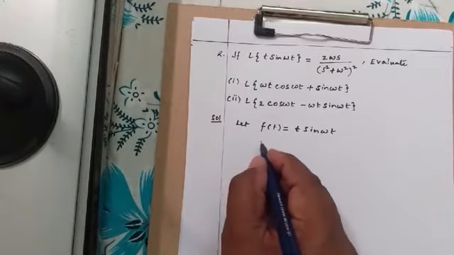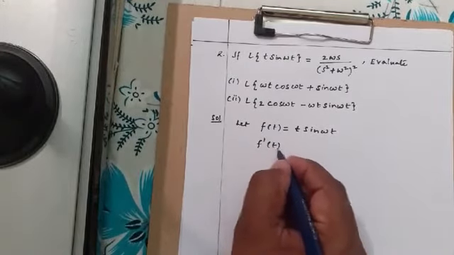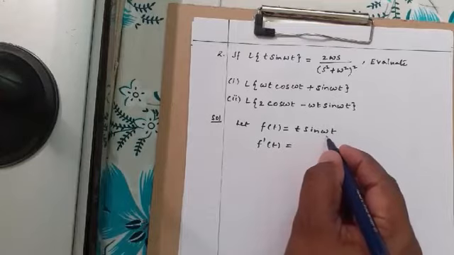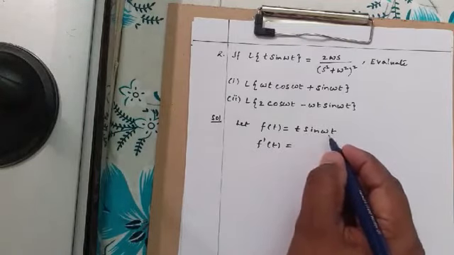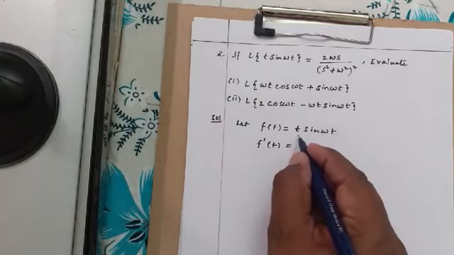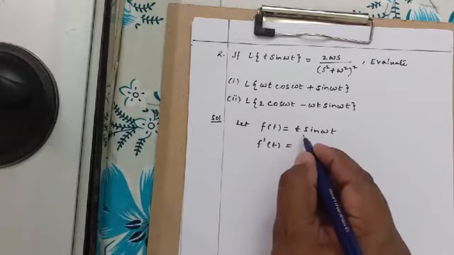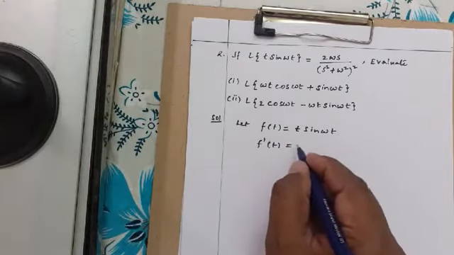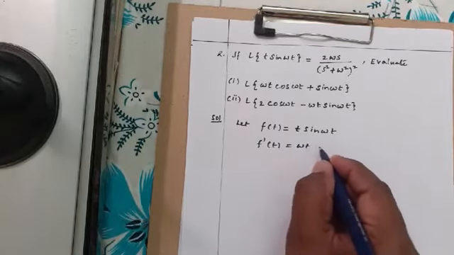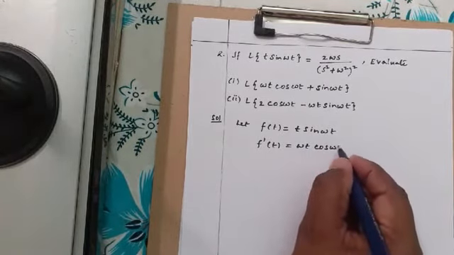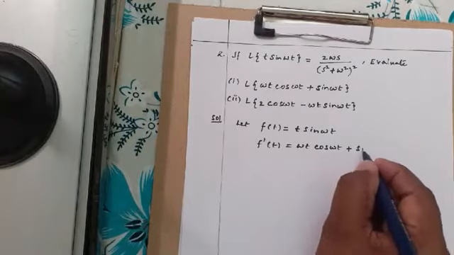Then when you differentiate this, you have to apply uv dash. Now when you apply the formula, you get omega t cos omega t plus sine omega t.